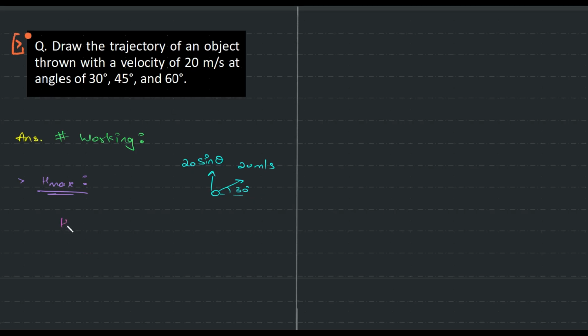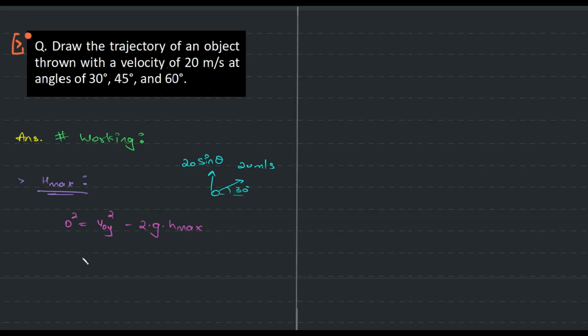So H max is given by, since we're looking at the highest point, at the peak the velocity is 0. v square is equal to u square minus 2 into g into h max. So this would be the y component.